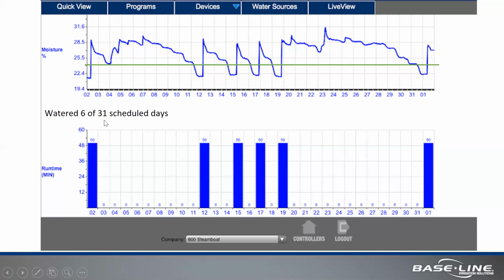So in this case, there were 6 of 31 scheduled days that actually watered in the month of August. The historical ET for the month in Salt Lake City, Utah is 7.4 inches. The area irrigated was 2,500 square feet.